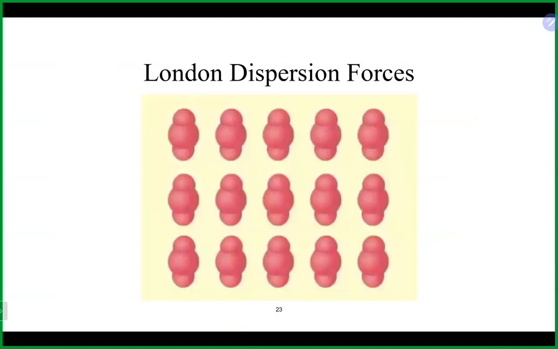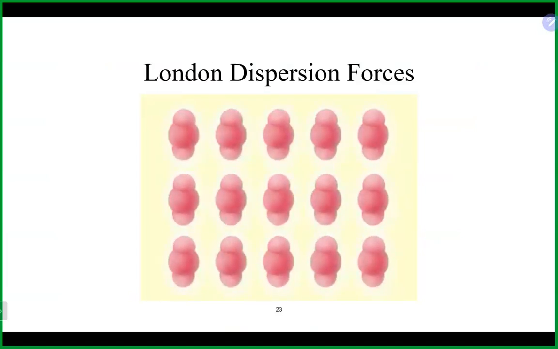So here again is some dispersion forces. Carbon dioxide, dry ice. Nonpolar molecules are arranged close to one another in a regular array where they move slightly around an average position. The distribution of electrons in a molecule can occasionally become asymmetrical, leading to the formation of a temporary separation of charges, a dipole.